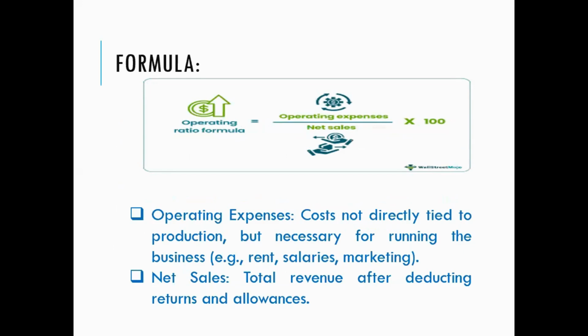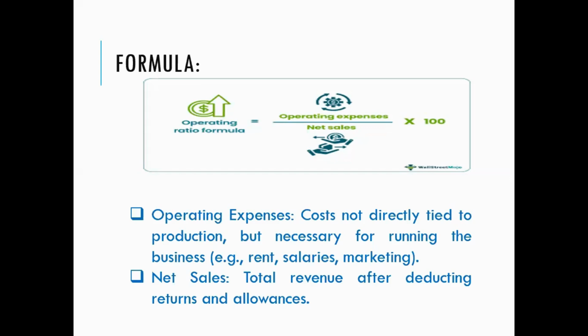Operating ratio's formula: operating expenses by net sales into 100. Operating expenses are the costs not directly tied to production but necessary for running the business, for example rent, salary, marketing.